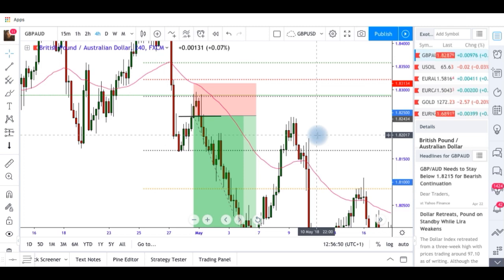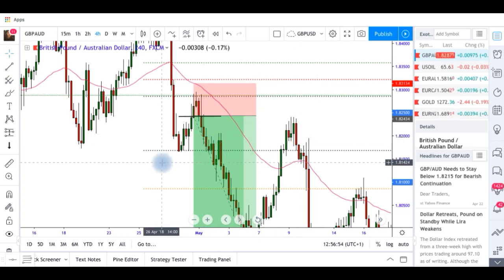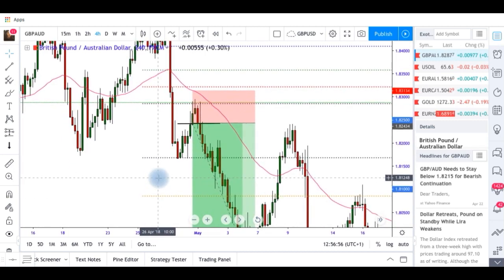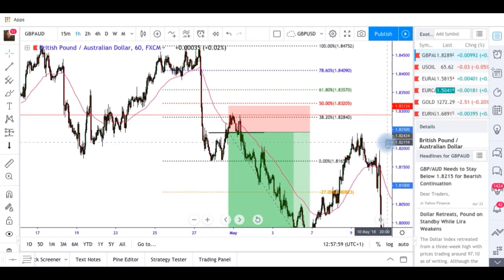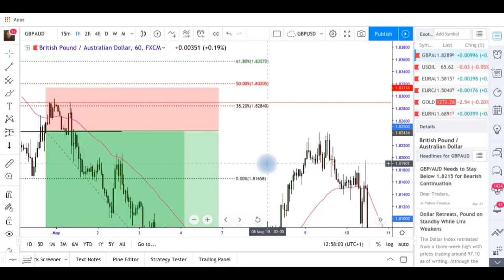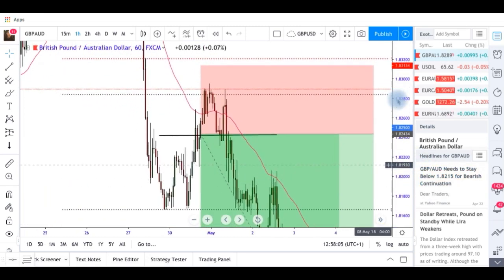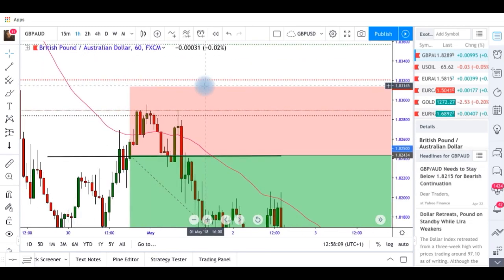But we want to get a much better entry than that. So let's now go to the 1 hour on this particular trade and see how we could have got a much, much better entry on this. Okay, so this is the hourly. We've now scaled down from the 4 hour to the hourly. I can already see that obviously this is our black line here where our 4 hour would be.